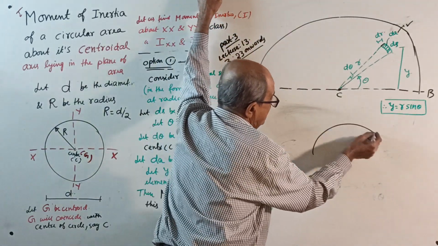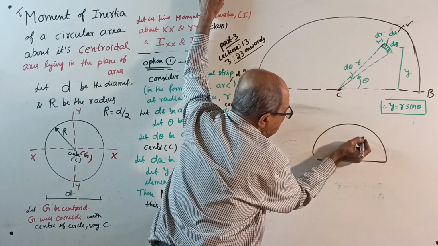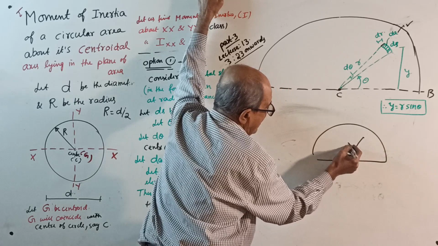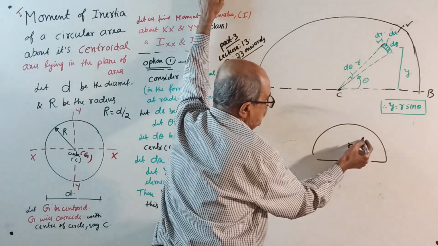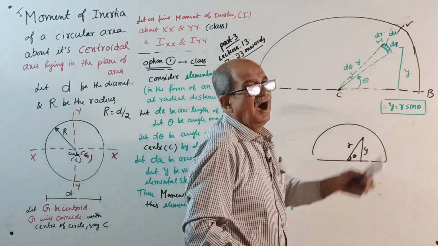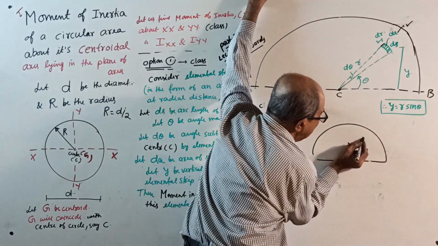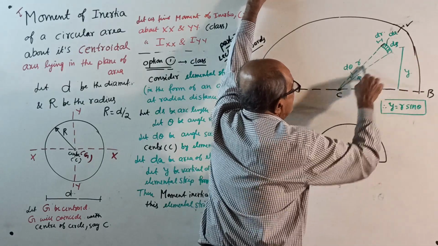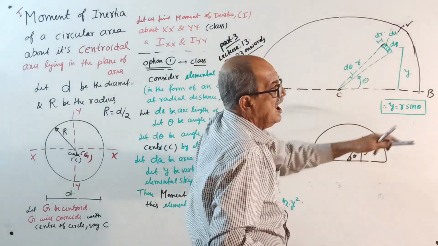Actually, if you draw a real sketch here, it is very small. Sin theta equal to y divided by r. d theta, ds, dr are very small. You cannot see it. It is micro. So, see here, sin theta equal to y by r, y equal to r sin theta.